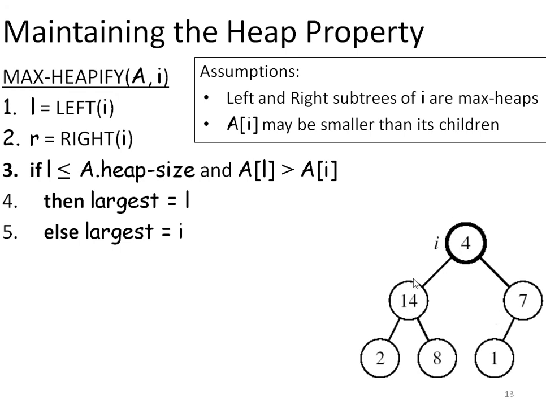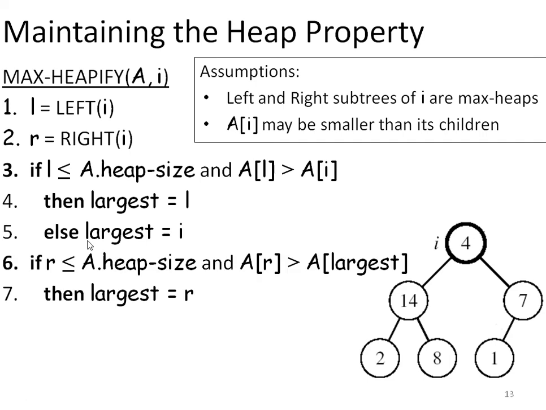So in line numbers 3, 4 and 5, we have simply compared the value of I with its left child. Next, whatever is stored in largest, I have to compare it with R. So at line number 6, we check if the right child exists or not. If it exists, then compare the value of the right child with whatever index is stored in largest.